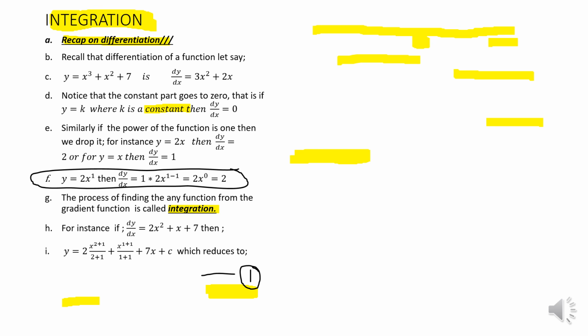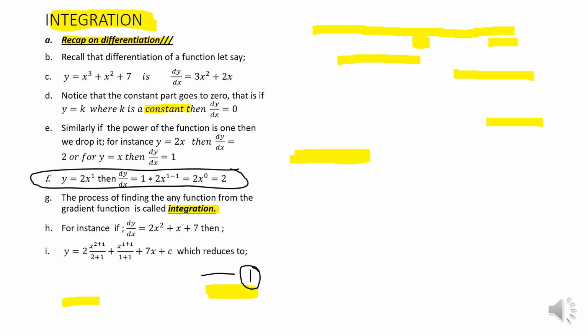Remember 7 is actually 7x raised to 0, then x to the power 0 plus 1 over 0 plus 1, which gives you 7x. Remember we dropped a variable when the power was 1, therefore we are introducing that variable back, and then plus c. This c stands for the constant that went to 0, because from the differentiation side we said that the differential of a constant was 0. So we put plus c to stand for that constant that went to 0.